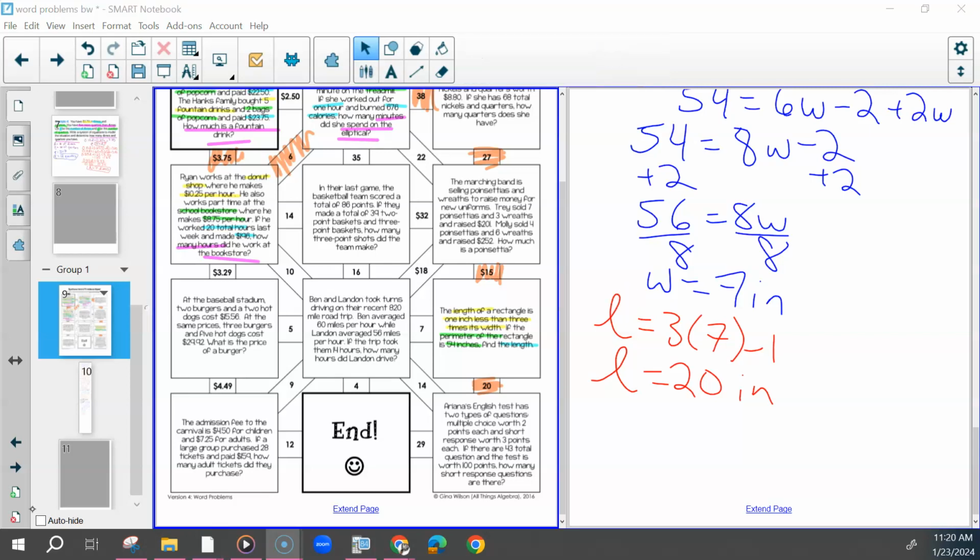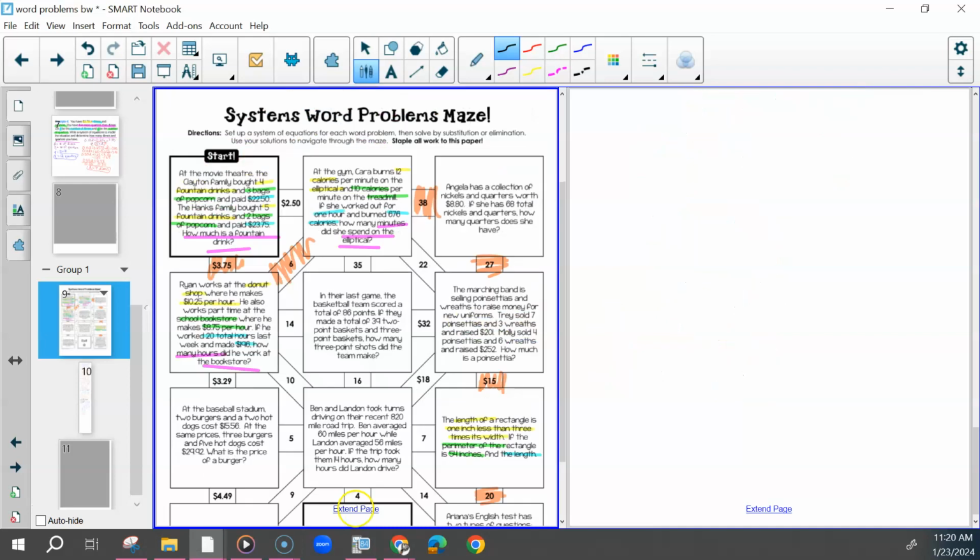Minimum 1 or max 2. Okay. So for this one, Ariana's English test has 2 types of questions: multiple choice worth 2 points each and short response worth 3 points each. There are 43 total questions and the test is worth 100 points. How many short response questions are there?